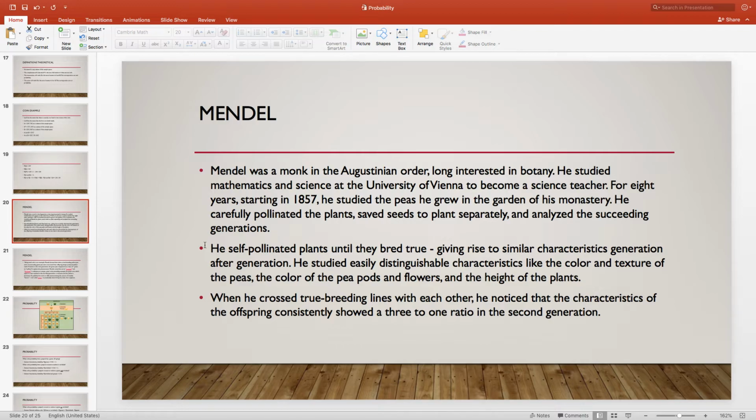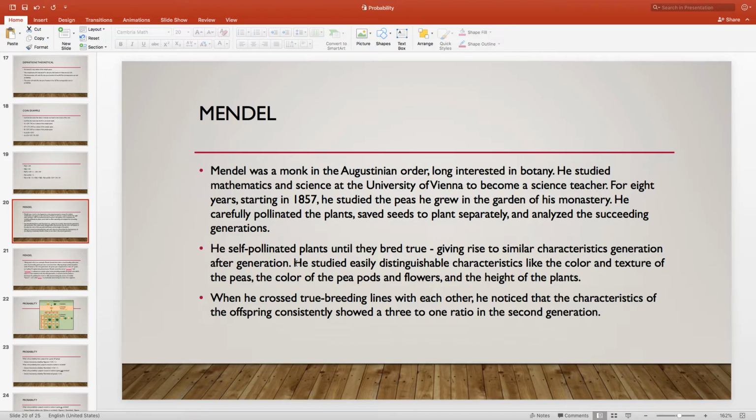Now, for 8 years in 1857, he studied peas and he grew them in his garden, and he pollinated the plants, saved the seeds to plants separately, and analyzed the succeeding generations. He self-pollinated the plants until they bred true, giving rise to similar characteristics generation after generation.